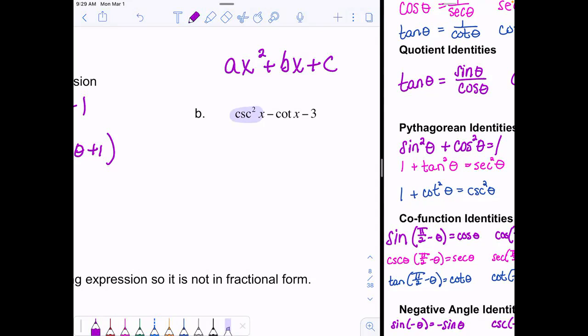So I can replace cosecant squared with cotangent squared plus 1. But then I still have a minus cotangent, and we still have a minus 3. We just replaced the first function with its identity.